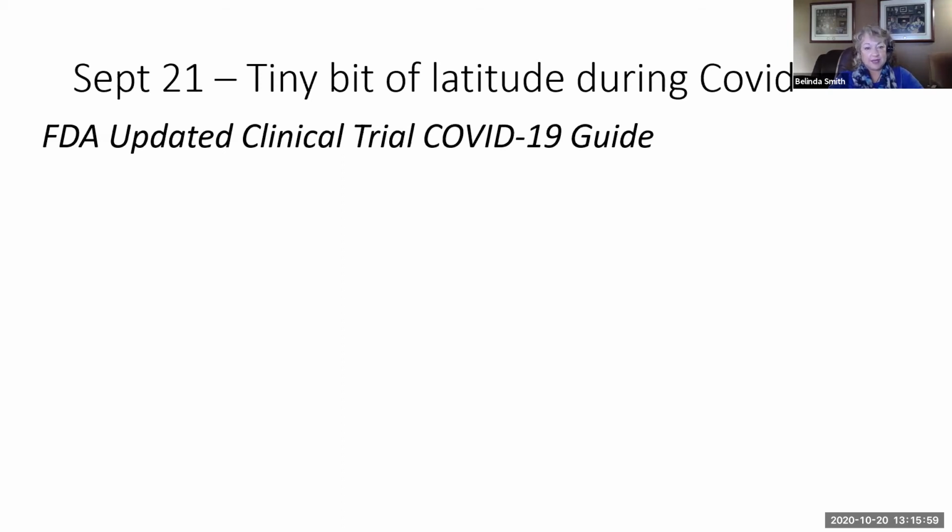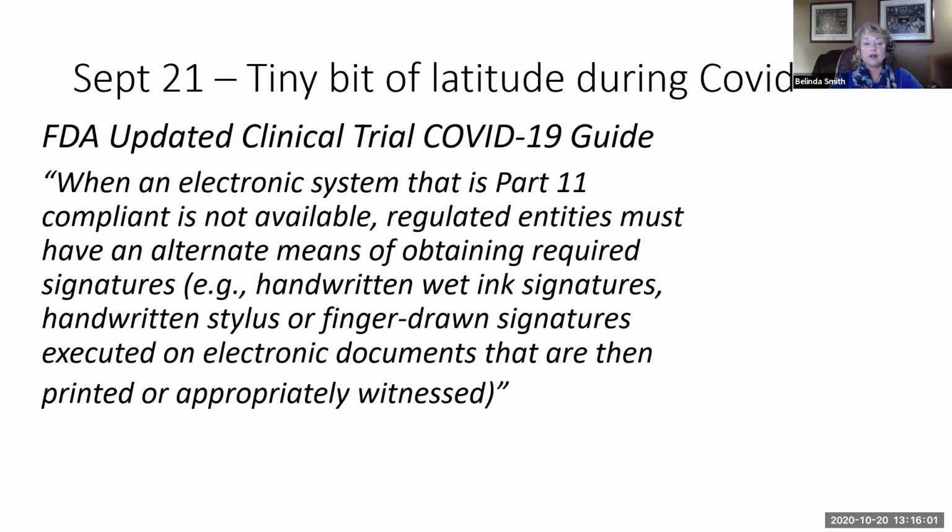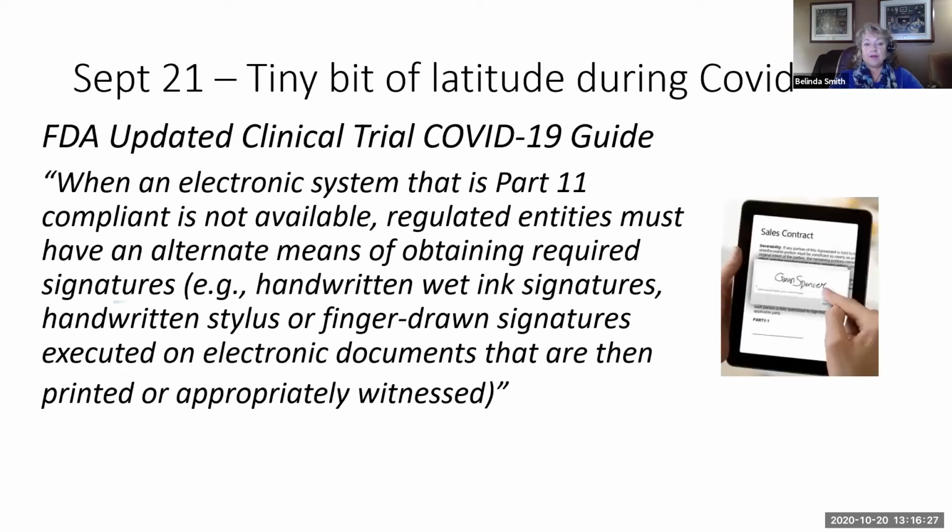And what this states is that when an electronic system that is Part 11 compliant is not available, regulated entities must have an alternate means of obtaining the required signatures. Handwritten wet ink, well, duh, we knew that one. But they also say handwritten stylus or finger drawn signatures executed on an electronic document and then printed and appropriately witnessed.